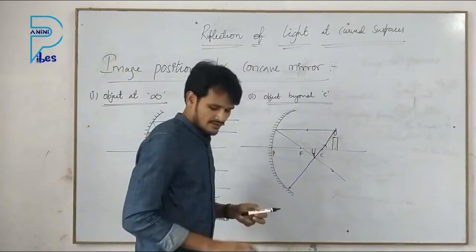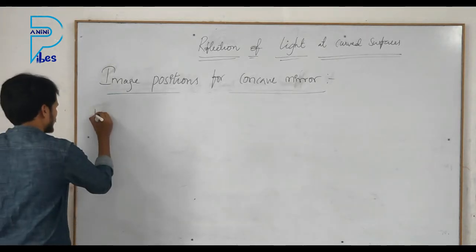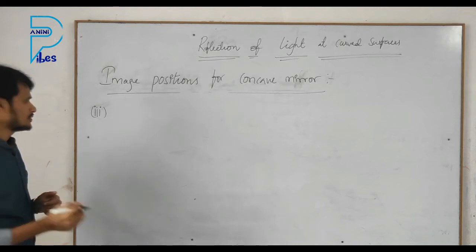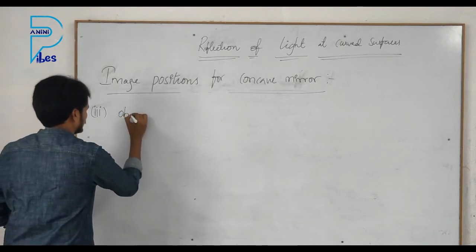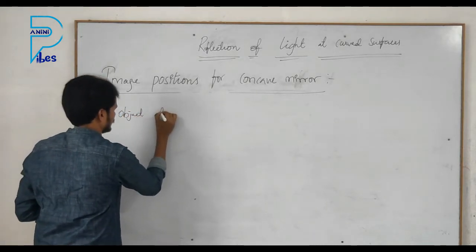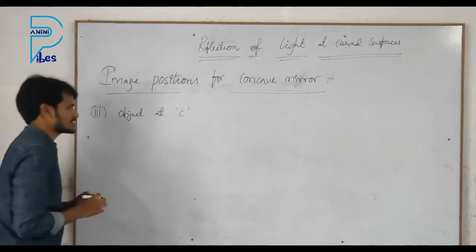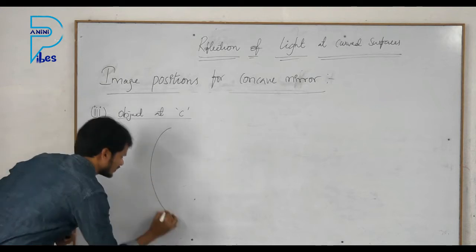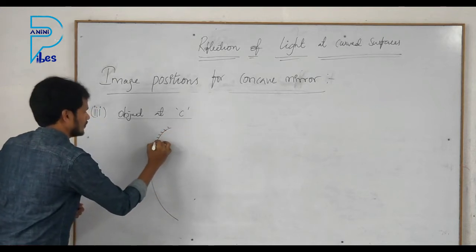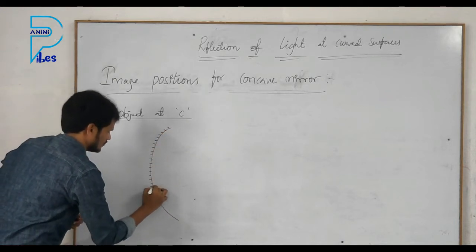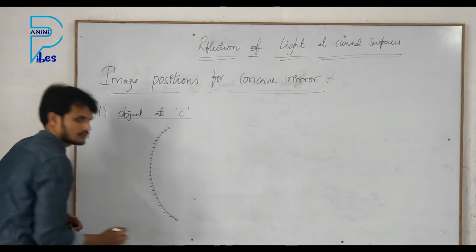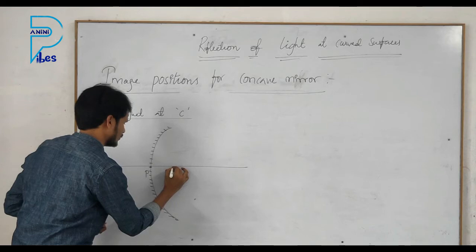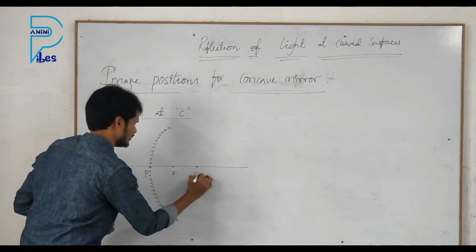And our third position is the object at C. If you are placing the object at C, the center of curvature, exactly on the center of curvature, draw the ray diagram for the pole, focus and center.